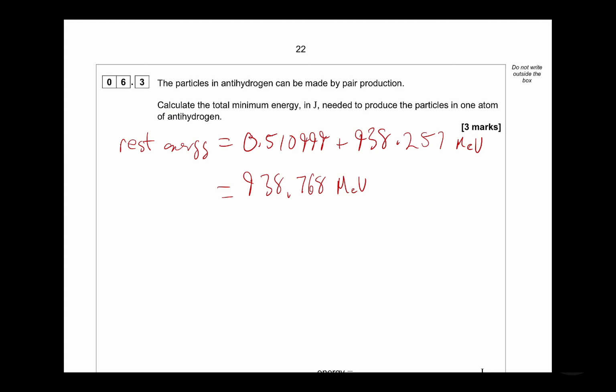So the energy in joules will be 938.768 times 10 to the 6 times 1.6 times 10 to the minus 19. That's the right value, isn't it? It's the elementary charge. Yes, 1.6 times 10 to the minus 19.